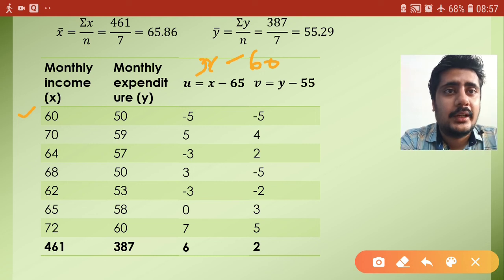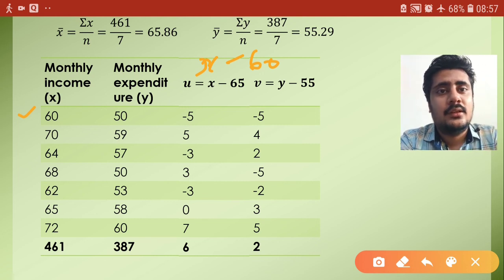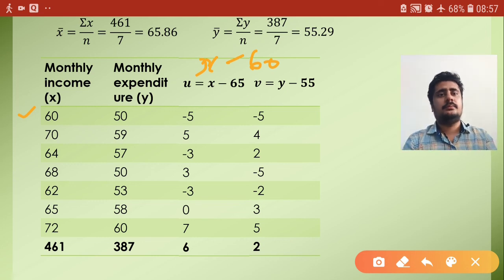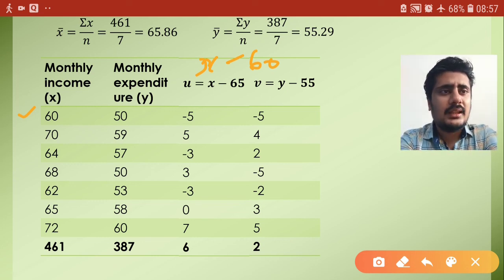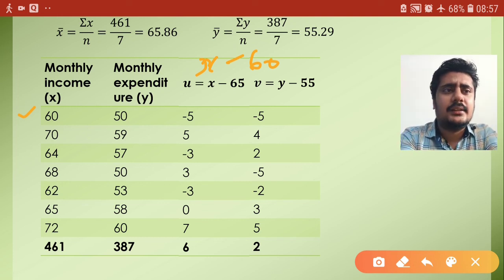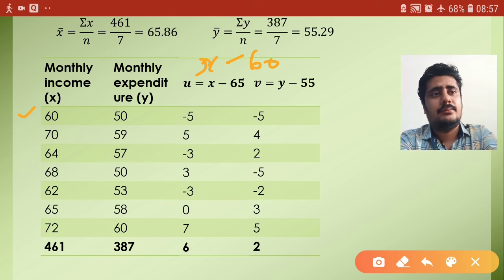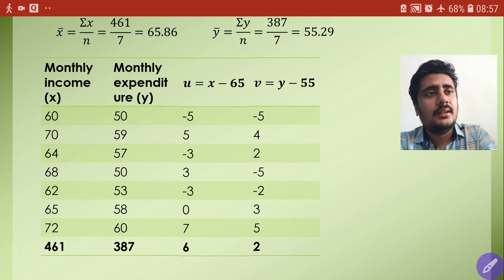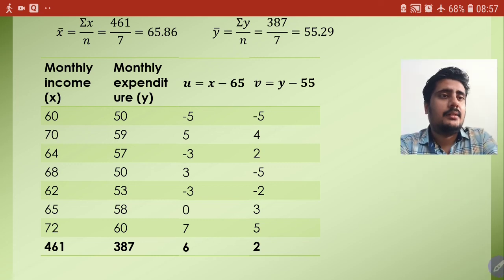There will be no negative digit in u. So students do like that. You can also do it. There is no problem. You can take any digit, as I told you. The answer will be the same, obviously.